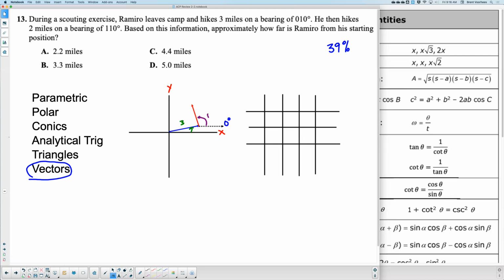Oh, I see I forgot to label 110. And I forgot to label this one as 10 degrees here. And this would be 2 miles. So that's our drawing, except I would not get credit right there if I was looking for a picture. What's wrong with that drawing? There is no displacement.